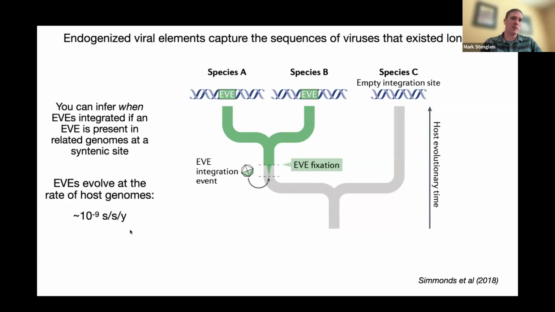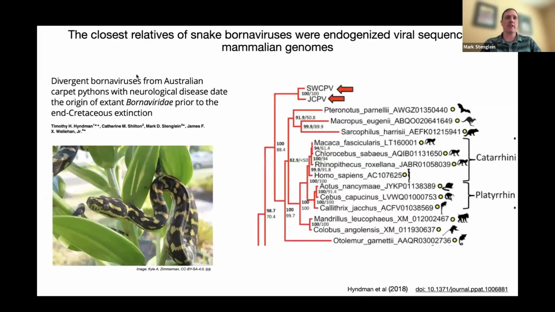So if SARS-CoV-2 is evolving at a rate of 10 to the minus 3 substitutions per site per year, the genomes of eukaryotes are evolving 1 million times slower, at a rate of 10 to the minus 9th substitutions per site per year.